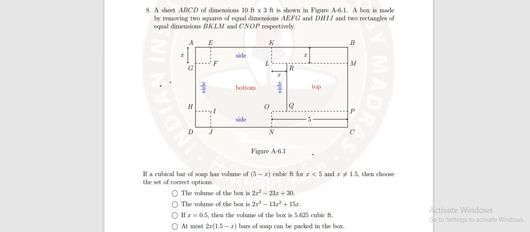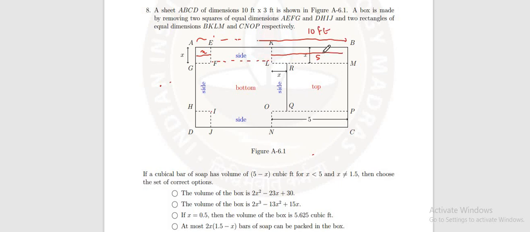So for finding out the length, let us assume that this is the length of the box that we are going to obtain. Now what is the value? This is your x and this is your 5. And the total measurement from here to here has been given 10 feet.